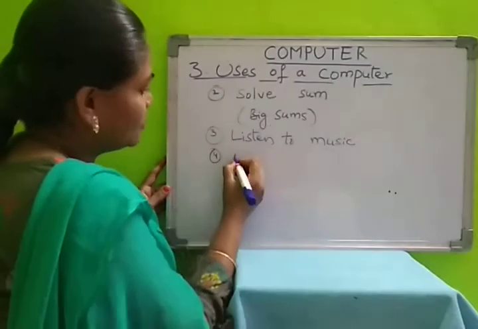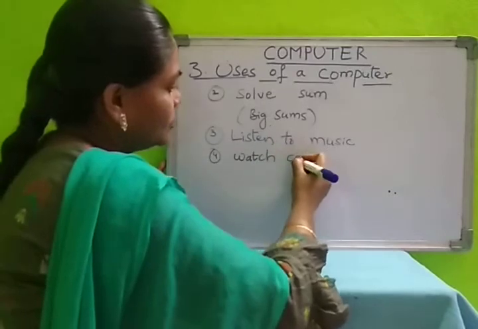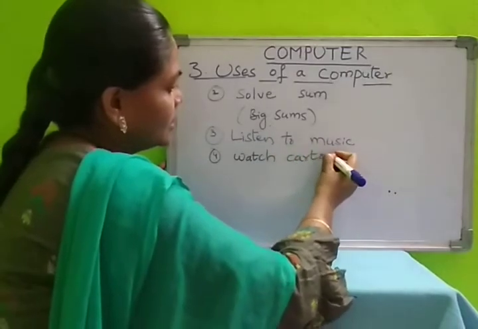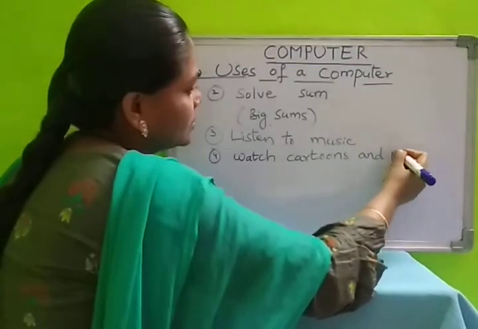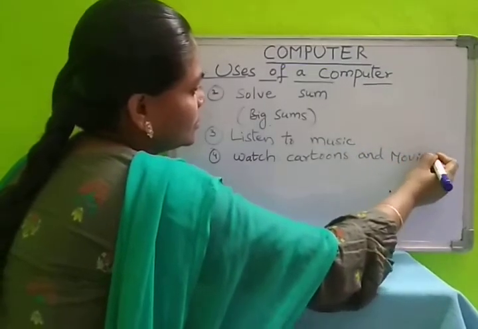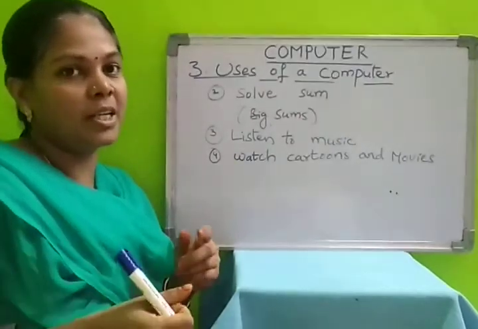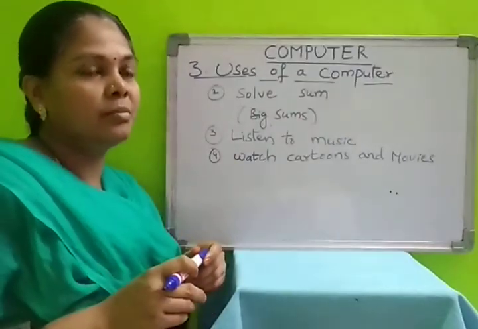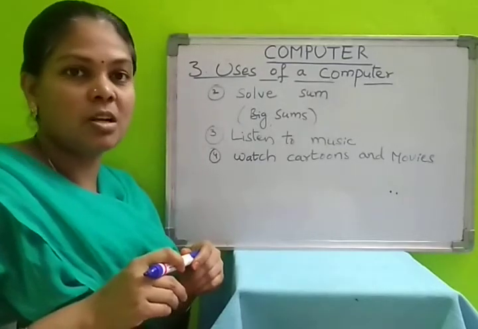Next one is watch cartoons. We can watch cartoons or movies. Animated movies, like Kung Fu Panda, Angry Birds, and Finding Nemo. All those movies we will watch, isn't it?